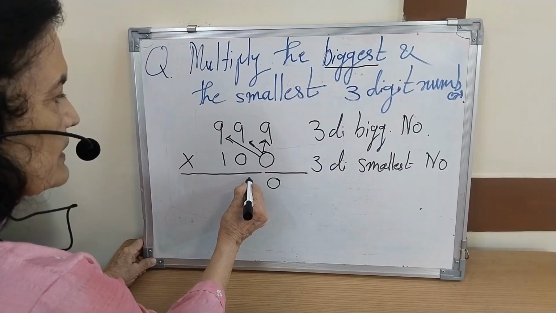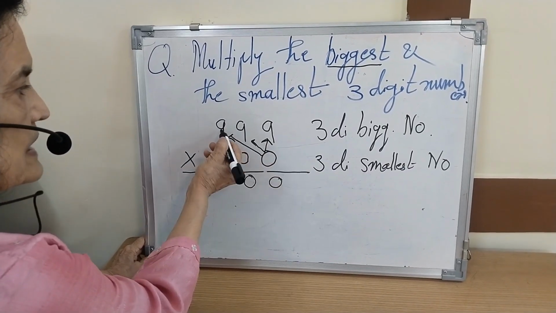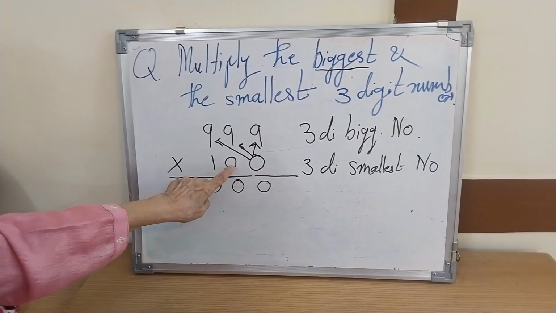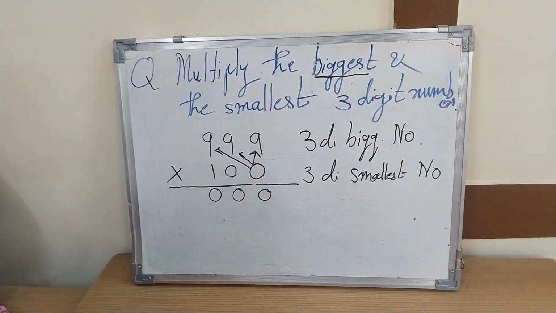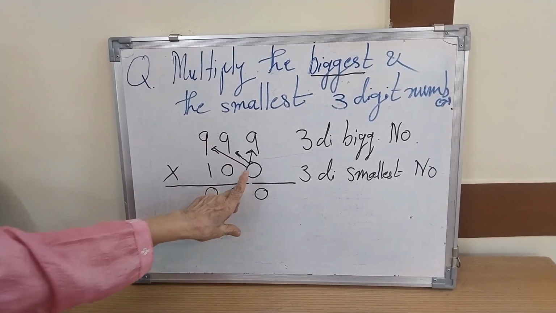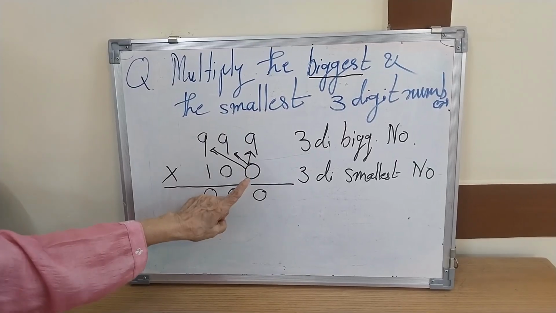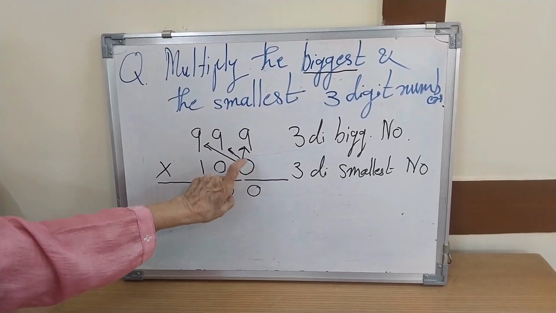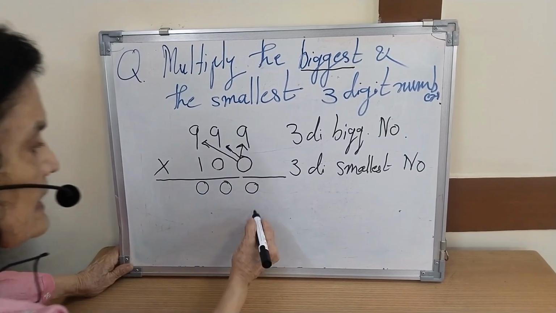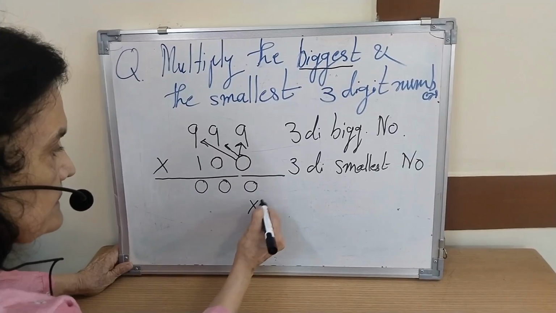Multiplication of this will turn into 0. Multiplication of this will turn into 0. Now we have to come to the next one. But we have to show that we have utilized this particular number in the units place, and hence we put this symbol.